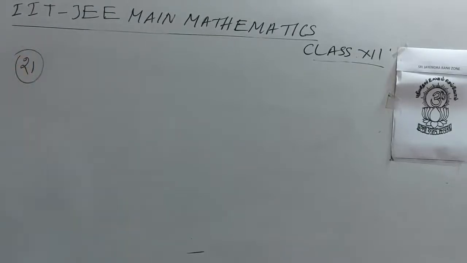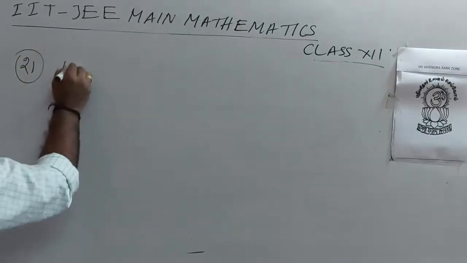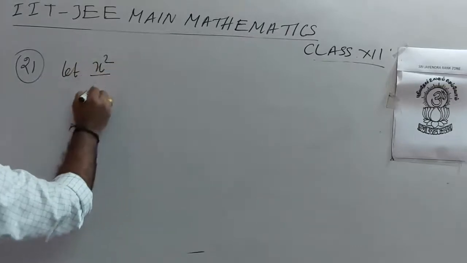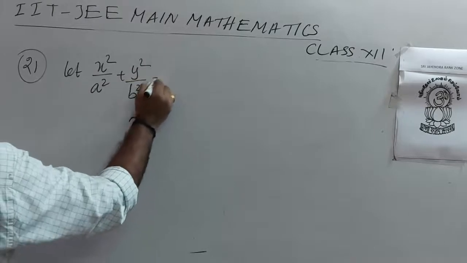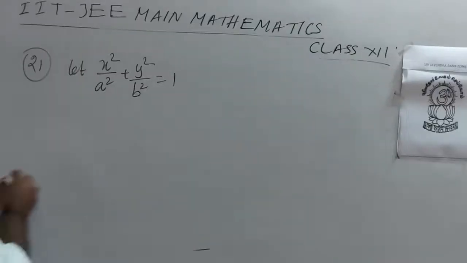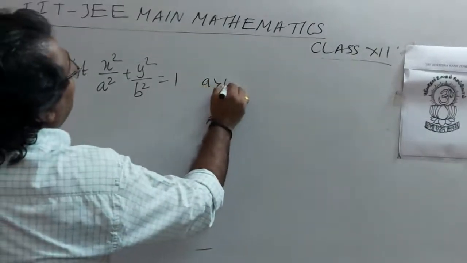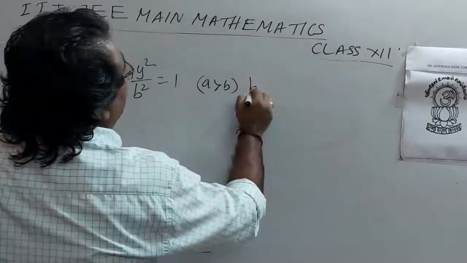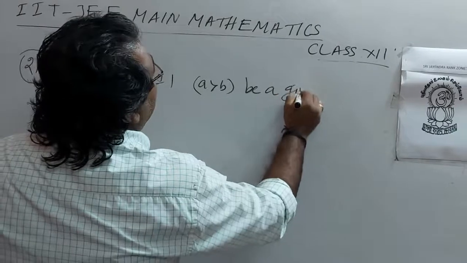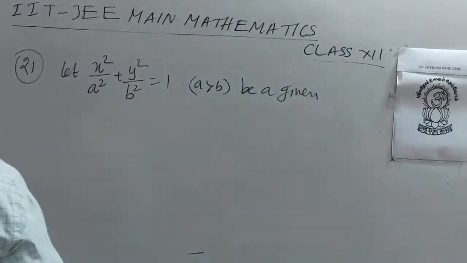Question 21. Let x squared by a squared plus y squared by b squared equal to 1, where a is greater than b, be a given ellipse.